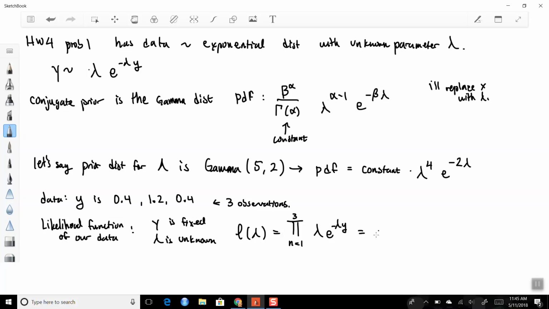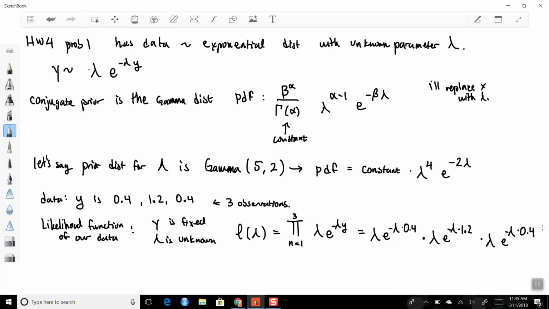This will be the product of lambda e to the negative lambda times 0.4, multiplied by lambda e to the negative lambda times 1.2, times lambda e to the negative lambda times 0.4.